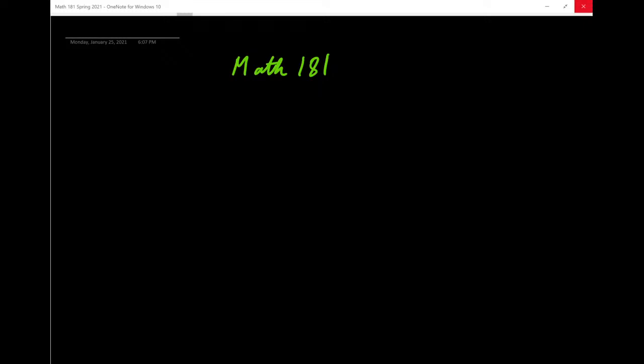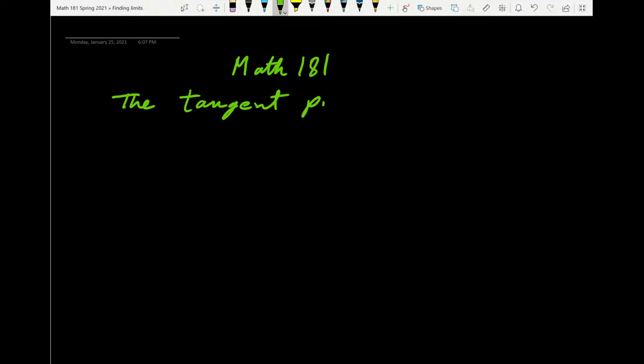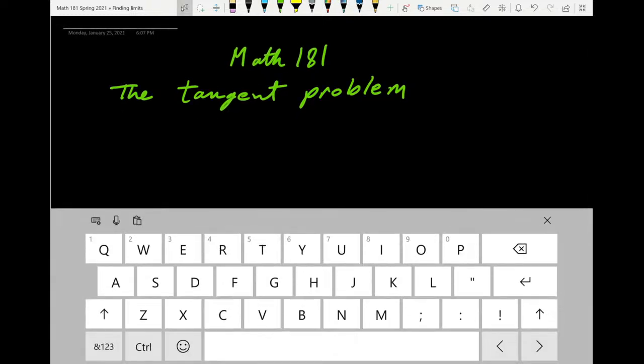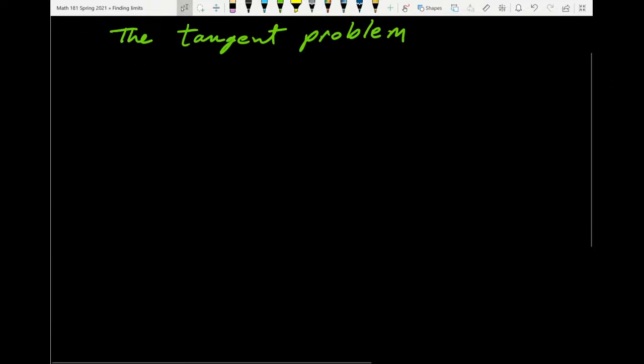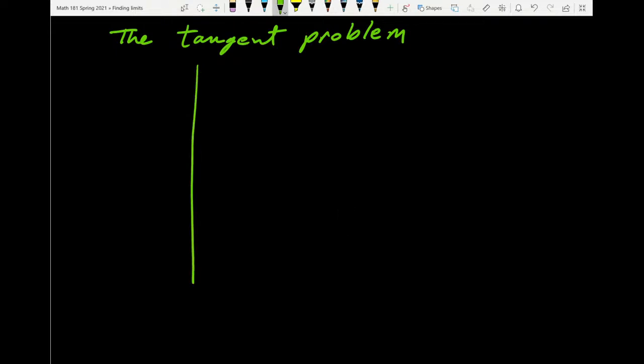All right. So the first thing we're going to start with is the tangent problem. Let's try to understand calculus. The first part of calculus is to understand what a tangent line is. Let's say that's a curve.